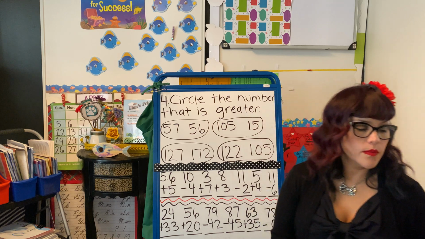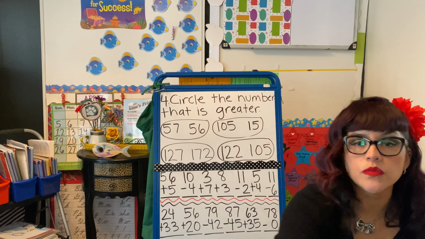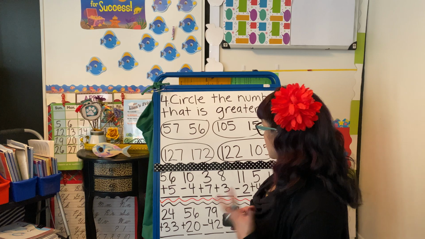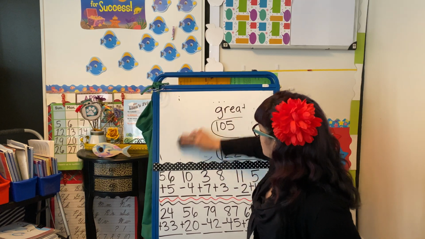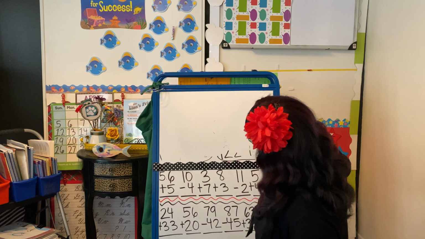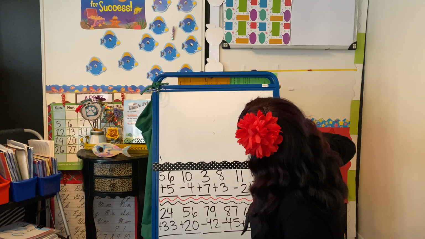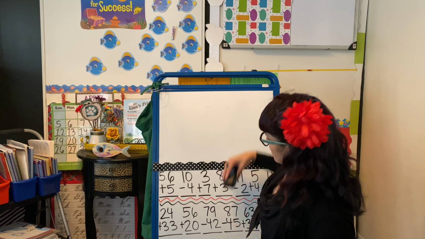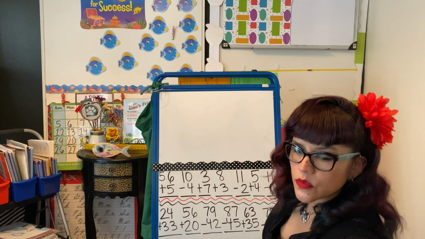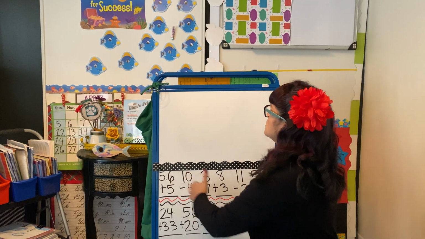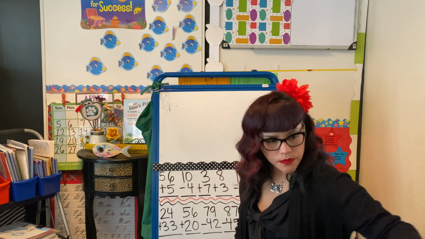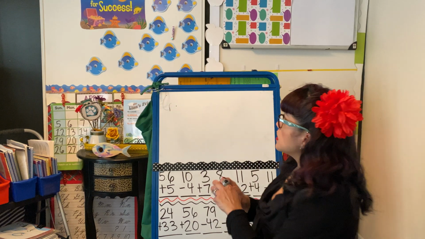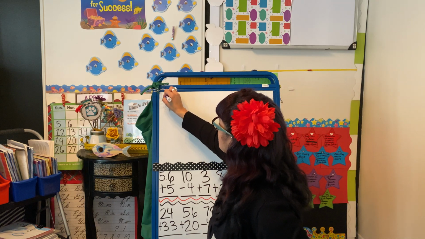I'm going to erase the board just to make sure that visually you're able to see everything better. So for number 6, you're going to give me 3 answers. I'm going to call out some numbers. Go ahead and write them down.